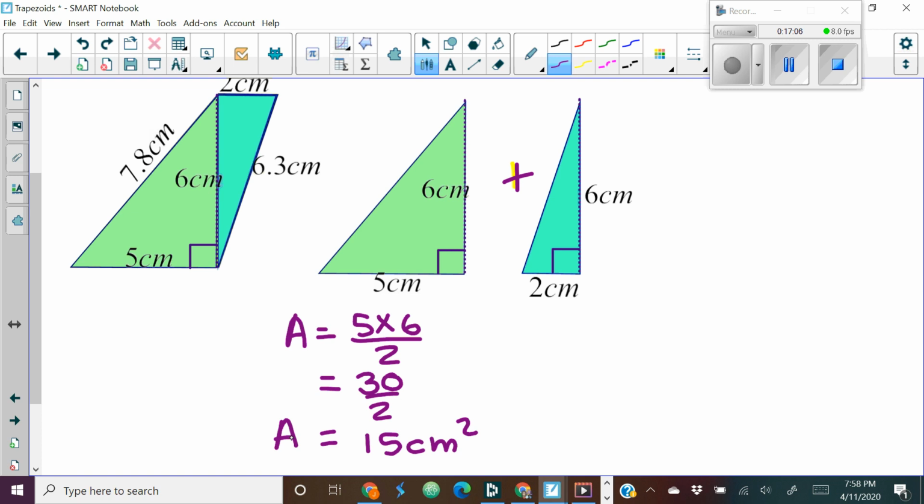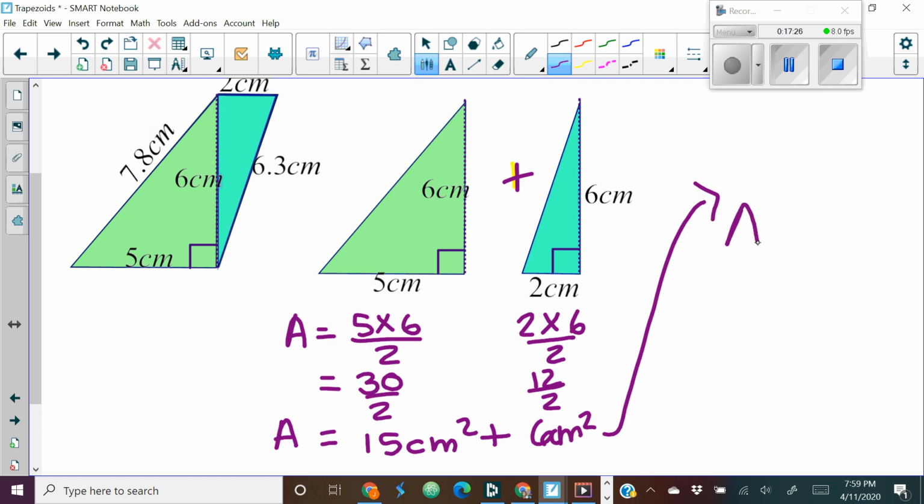And the area of the blue triangle is 2 times 6 divided by 2, which is 12 divided by 2, and that is 6 centimeters squared. So the area of the trapezoid is 15 plus 6, or 21 centimeters squared. And there's 4 different examples.